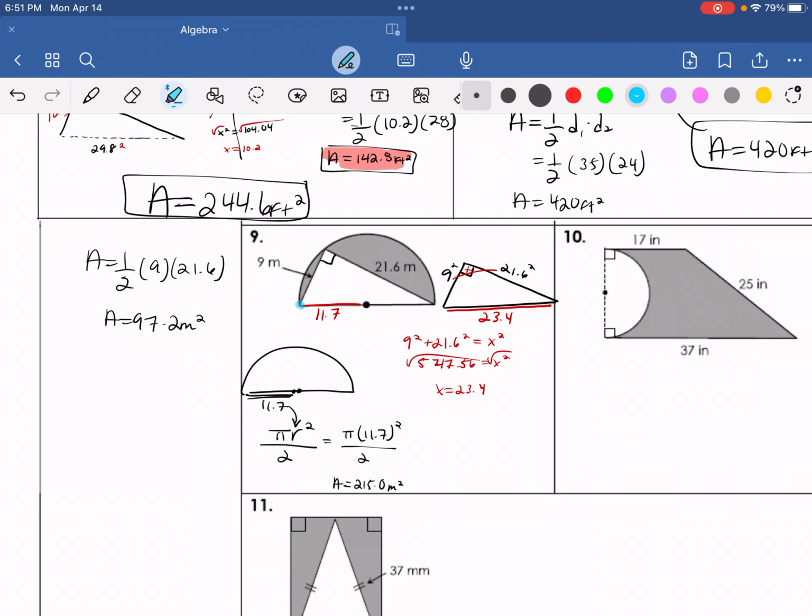You subtract the big area, so that'd be the half circle, this one, minus the white part, the triangle, that'd be this one. So 215.0 minus 97.2. And I get 117.8 meters squared.